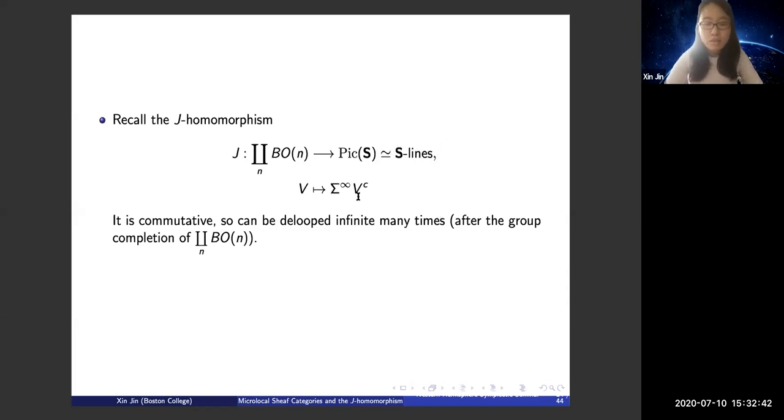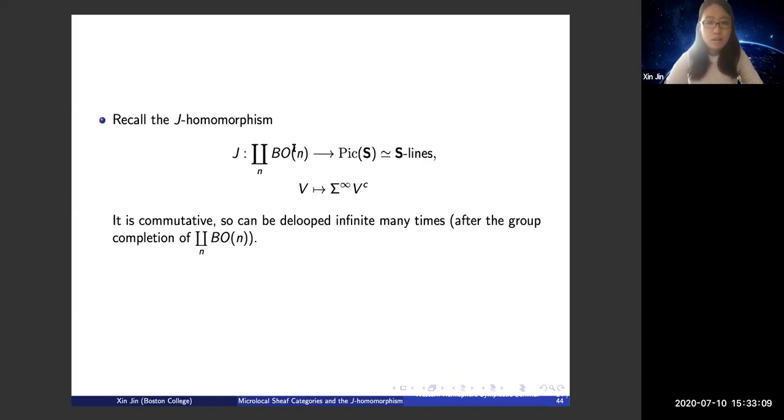So then the assignment is to each vector space V the suspension spectrum of the one-point compactification of V. Both sides have this commutative monoid structure, and this J respects these structures.